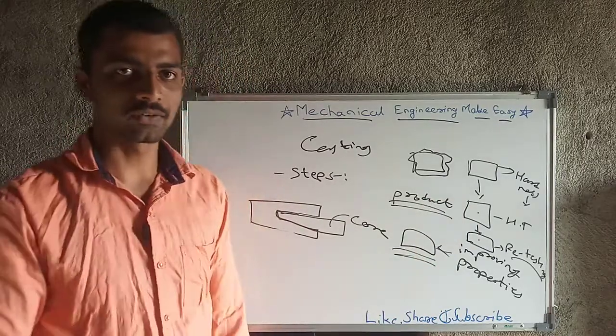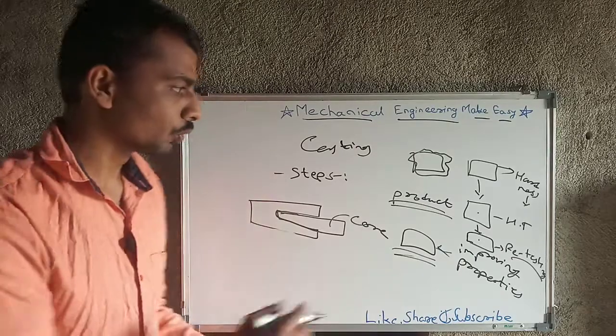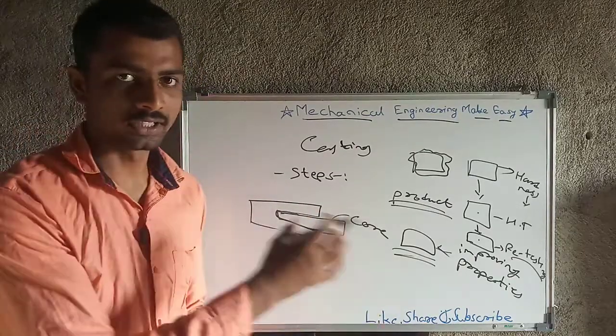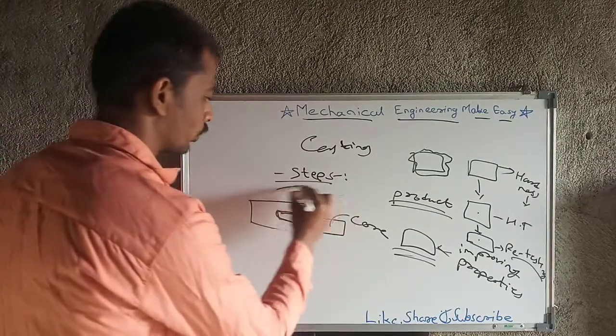There may also be an adverse effect, that because of the hardness the brittleness may increase. So we have to check all the parameters again after heat treatment. These are the number of steps that we have to follow in the case of casting.